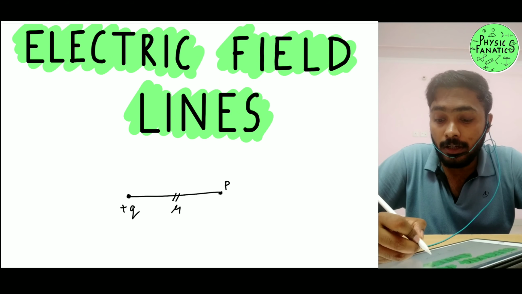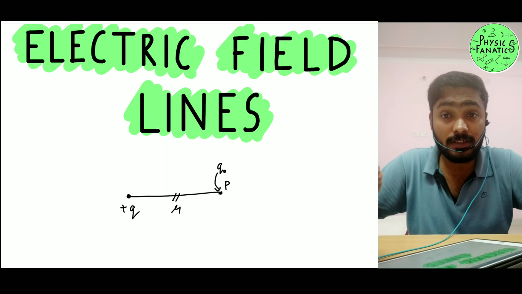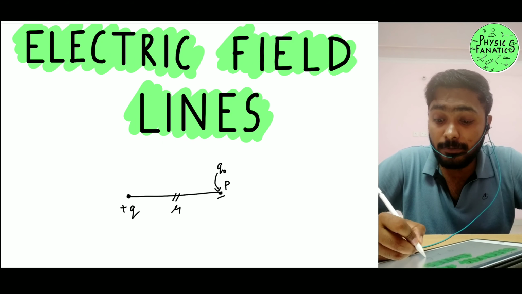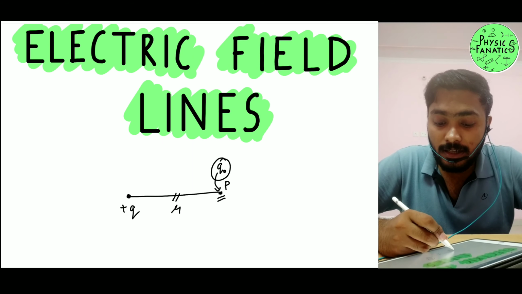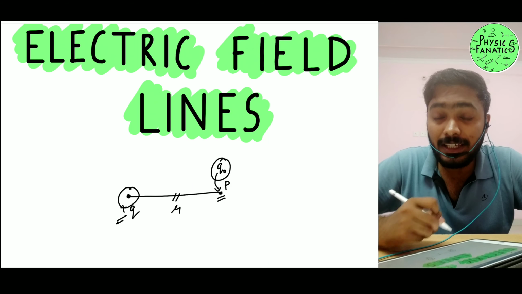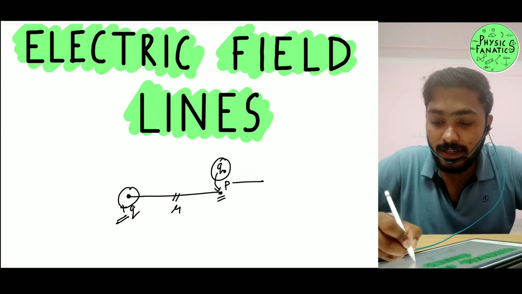It's pretty simple. The first thing is that I have to bring a positive test charge into its vicinity. Let me place my positive test charge Q0 at that point. The moment I put it, it is going to experience a force because of the electric field of charge Q, in that direction.